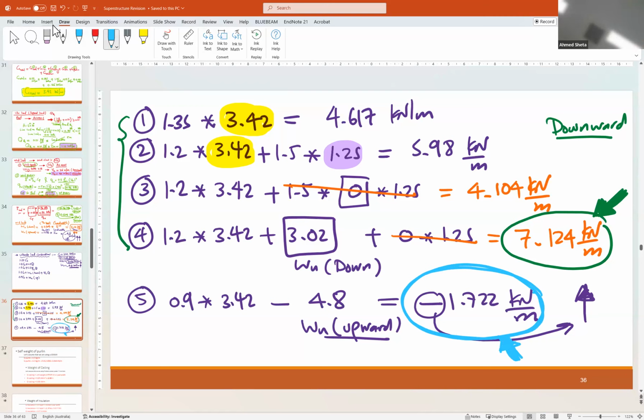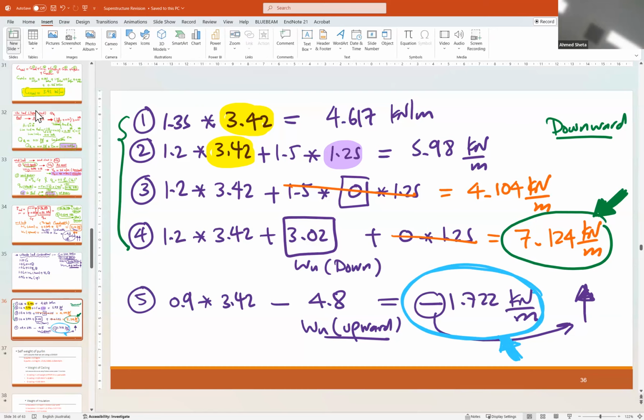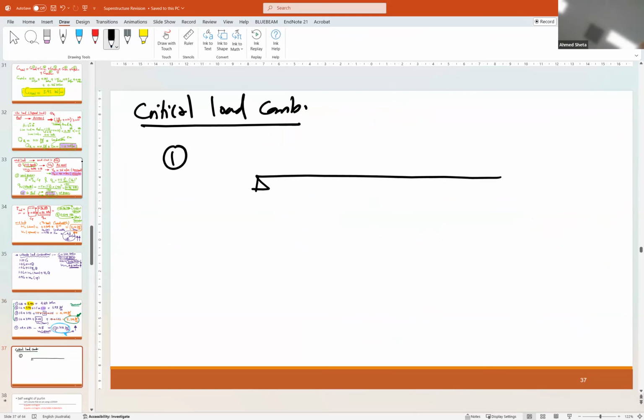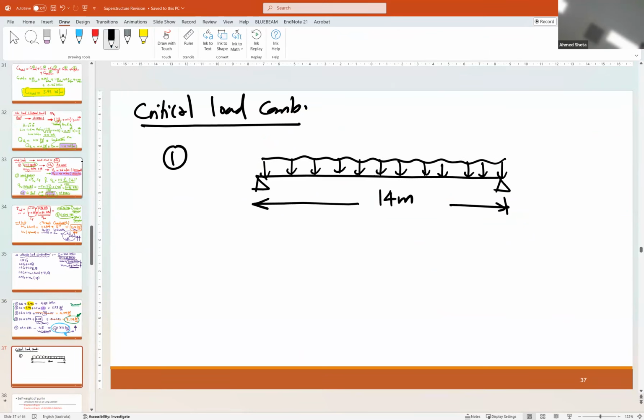So the summary for the final answer is that the critical load combinations are two. The first one, for this 14-meter rafter, is the load downward, equal to 7.124 kilonewton per meter. So this case is downward.